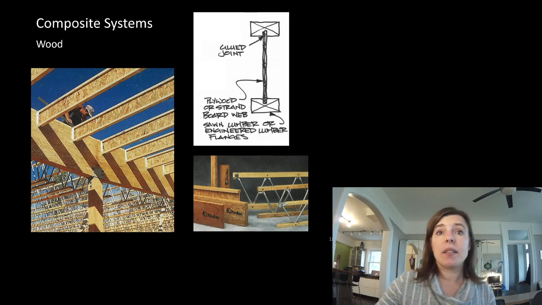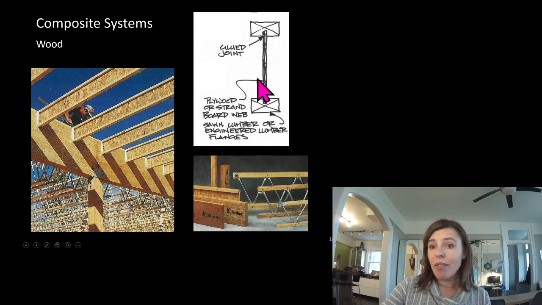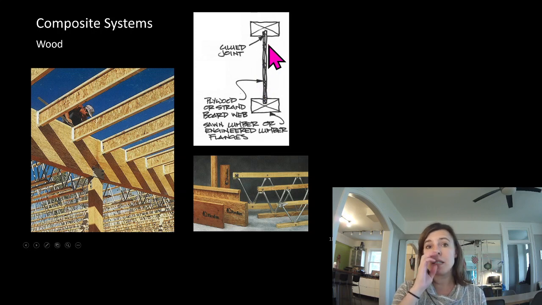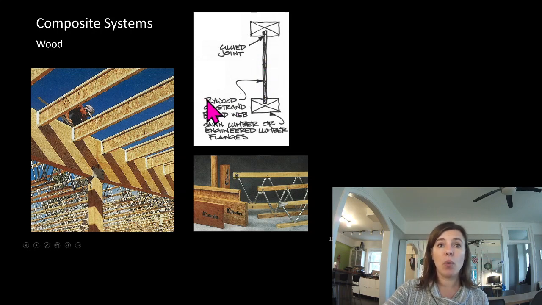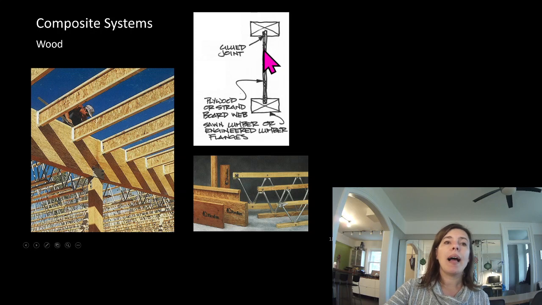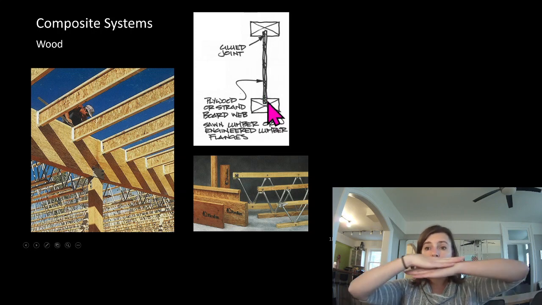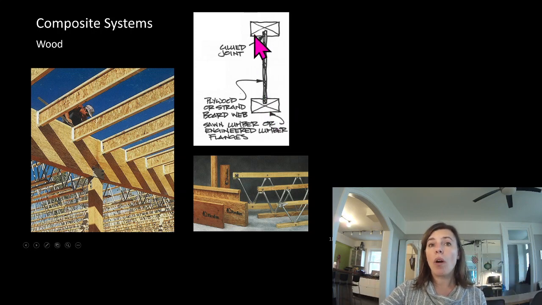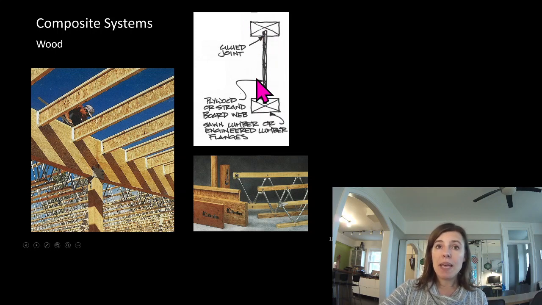Engineered I-joists. Well, the web itself is all glued together, little bits of wood or oriented strand board, OSB, and so that's composite. And then the fact that it is notched and glued into these top and bottom chords is also transferring longitudinal shear, or forcing these to be composite. It is not a beam up here and a beam down here that are sharing load.